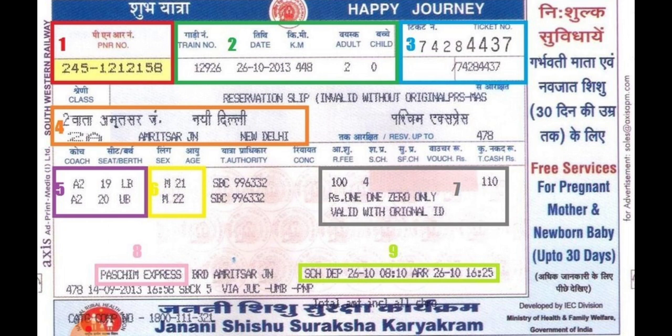Okay. Next we have column number 9, the scheduled departure. DEP means departure. The departure of the train is on 26/10, which means 26th of October 2013. The date is already there in column number 2, so here also it is mentioning 26/10, meaning 26th of October 2013.